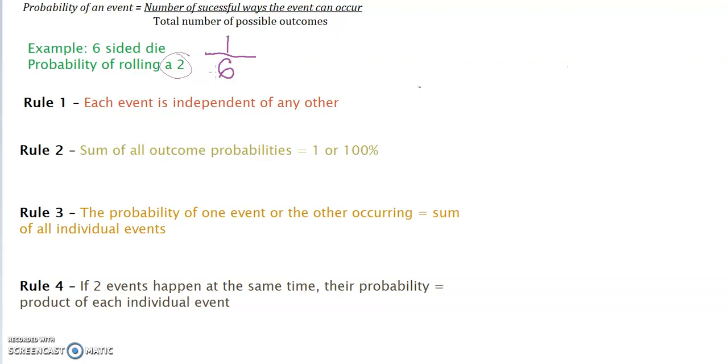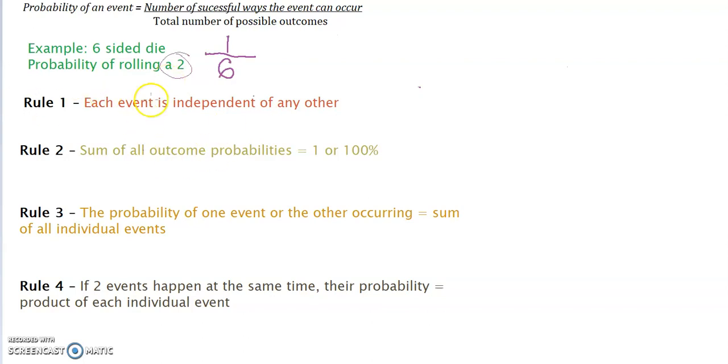The event before it doesn't change what could happen. So if you roll a 2 on one die, your next roll has the same chance of being a 2, which is 1 out of 6. No matter how many times you roll the die, you end up with a probability of 1 out of 6 for that one given time.